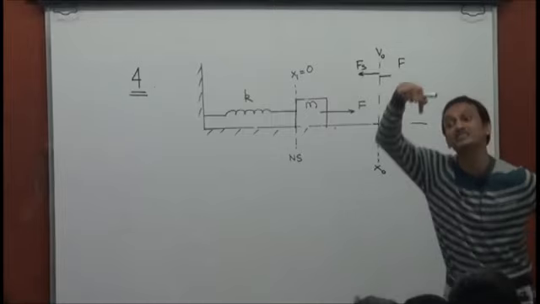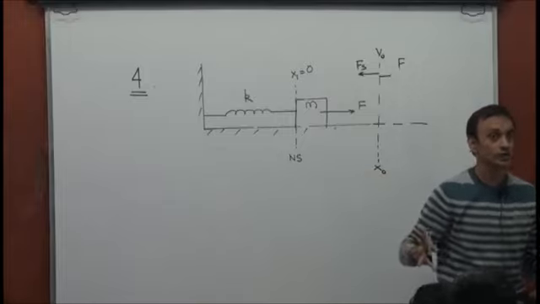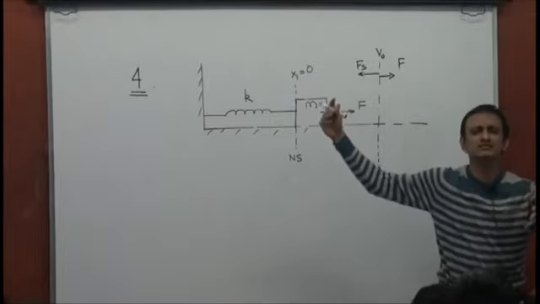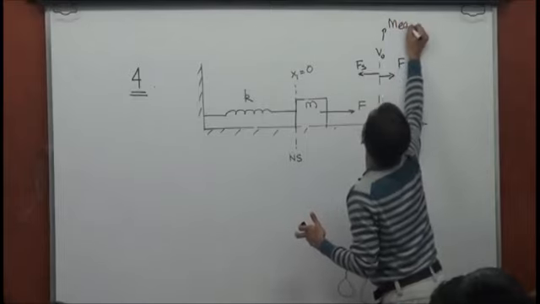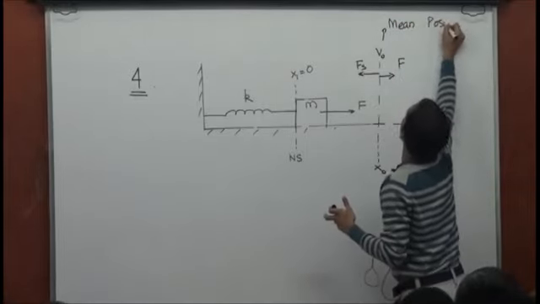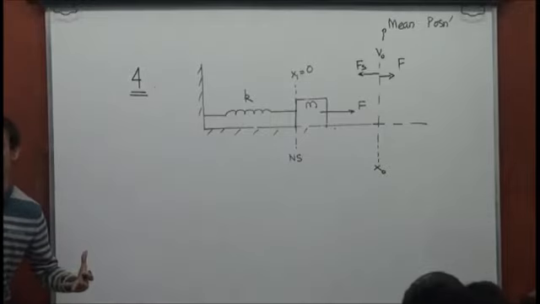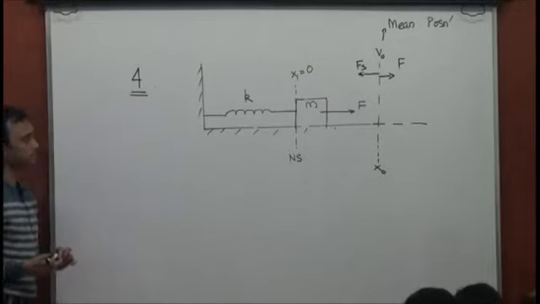Its acceleration at this instant would become 0, but its velocity would be non-zero. So despite the spring force being exactly equal to F at this point, I would refer to this position as a mean position, because the net of all forces is 0. If the net of all forces is 0 at a certain position, that's referred to as a mean position.